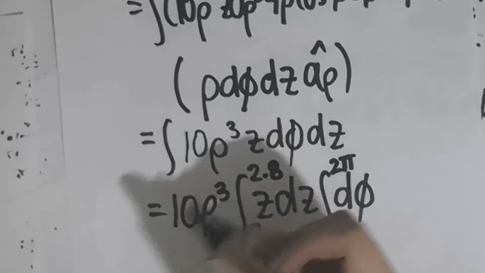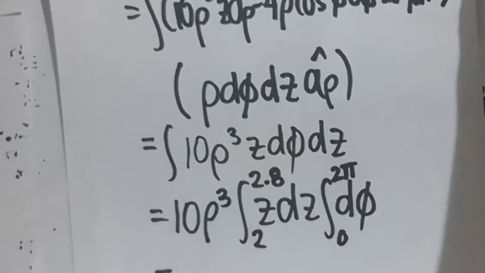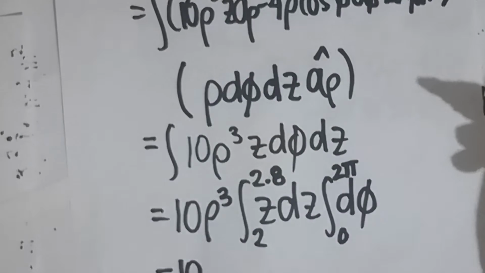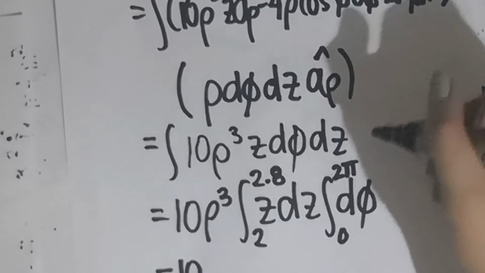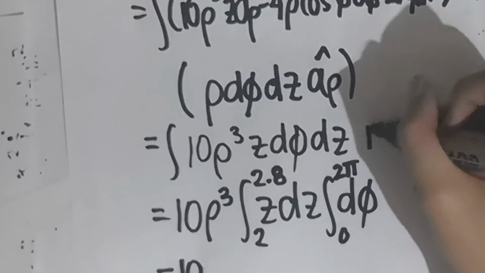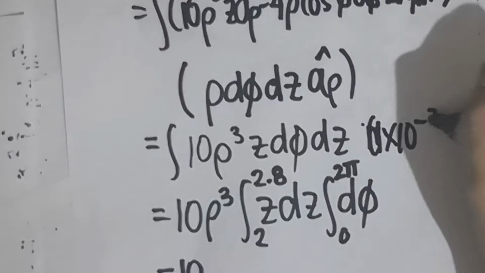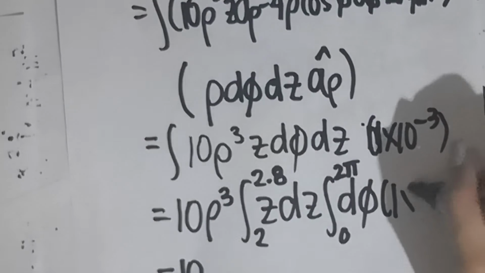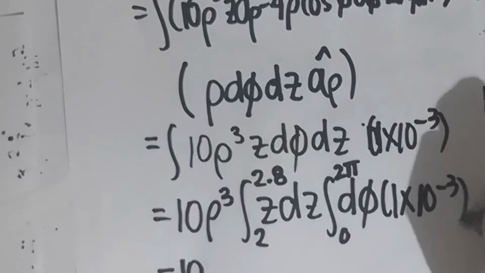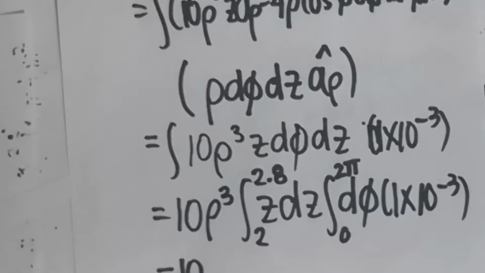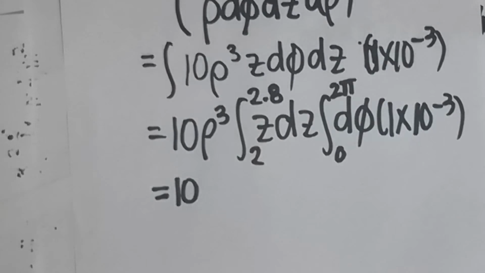And rho is equivalent to 3, so we will just substitute that. Let's remember that we have a 1 times 10 to the negative 3, because the J is in milliampere per meter squared. So we will just evaluate.